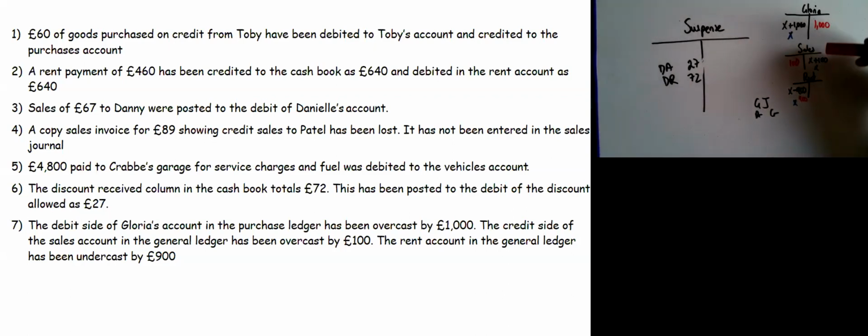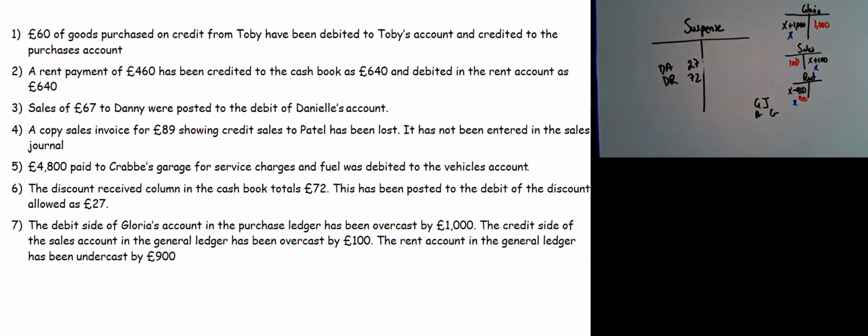So can you see it's balanced, so therefore to compensate an error. So my debits are sales 100, rent 900, and Gloria 1,000. So we didn't need the suspense account for that one.